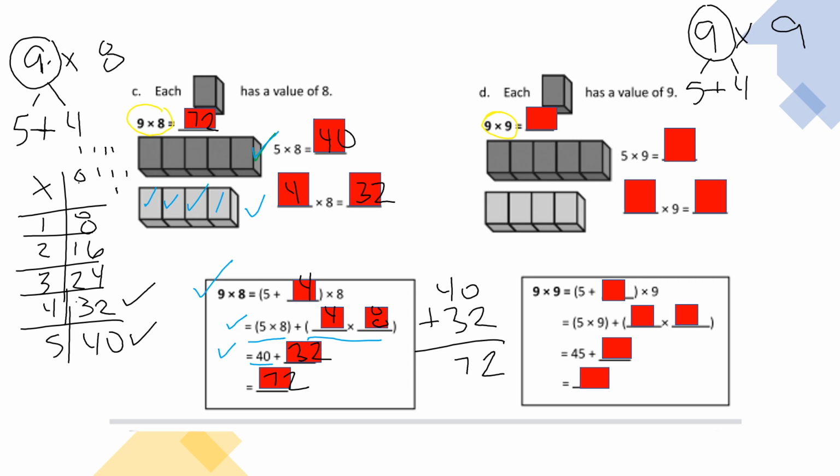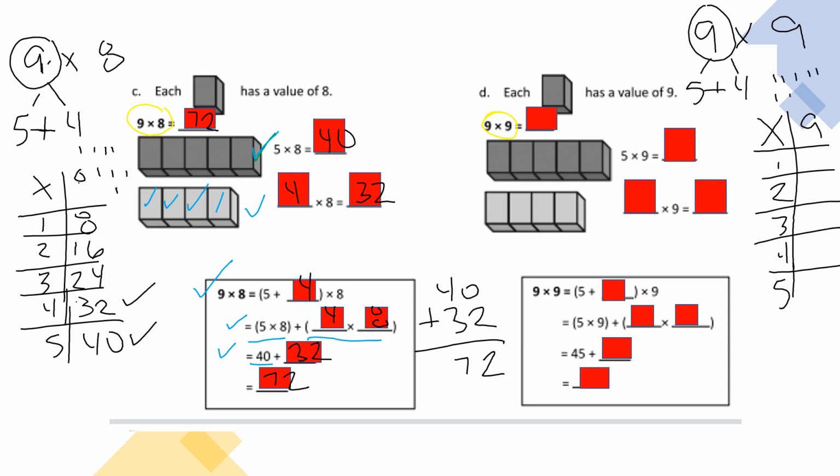And we can go ahead and create our quick ratio table of 9s. And we only have to go to 5. Making my little counters here. Okay, 1 times 9 is 9. 2 times 9 is 18. 3 times 9 is 27. 4 times 9 is 36.